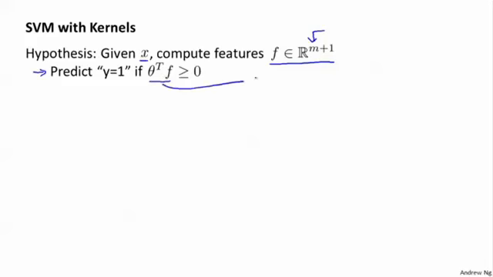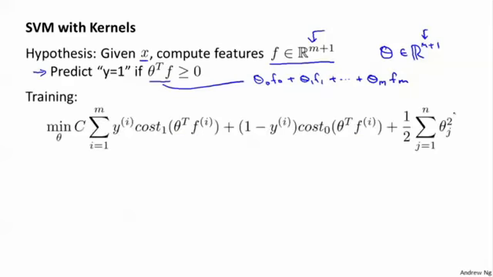Theta transpose f is just theta 0 f0 plus theta 1 f1 plus dot dot dot plus theta m fm. My parameter vector theta is also now an m plus 1 dimensional vector, because the number of landmarks is equal to the training set size. So that's how you make a prediction if you already have a setting for the parameters theta.